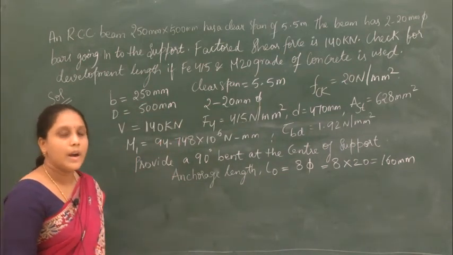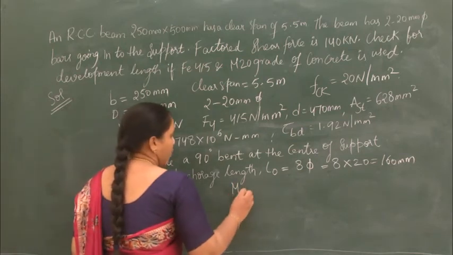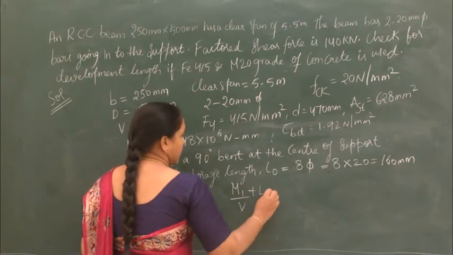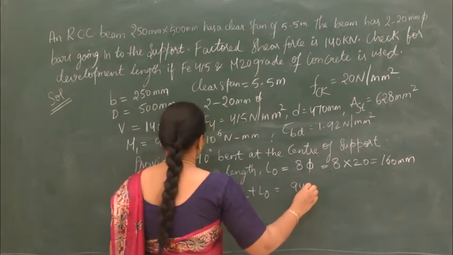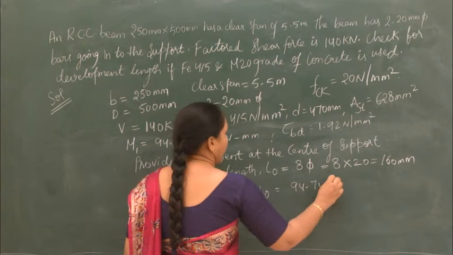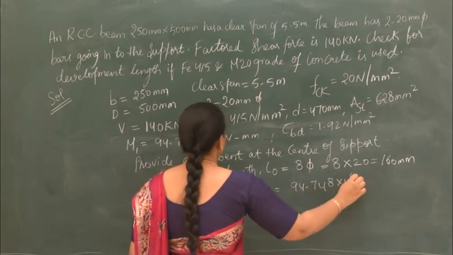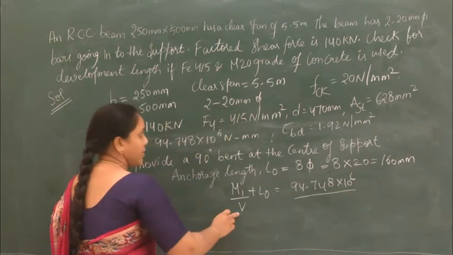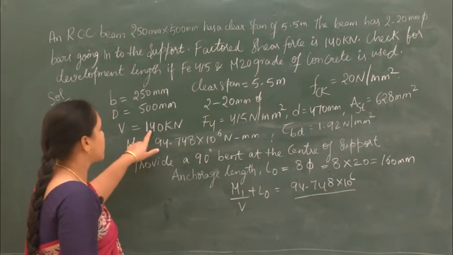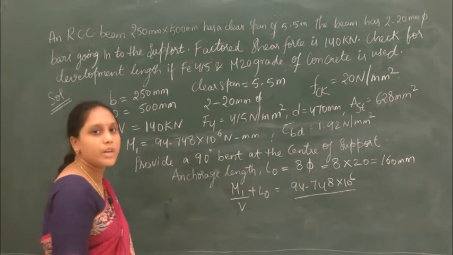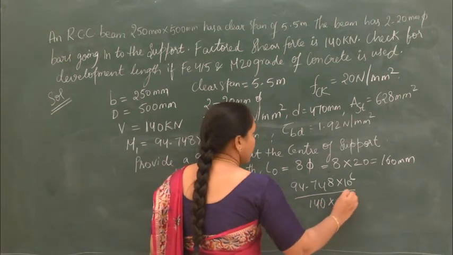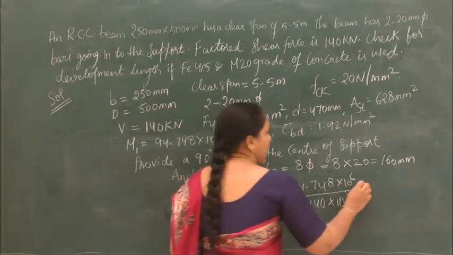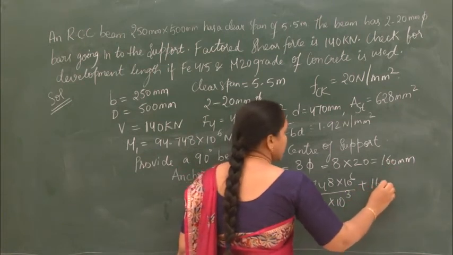Now find out M1 by V plus L0. M1 is already known, it is 94.748 into 10 to the power of 6, divided by V. V is nothing but the shear force, which is 140 kilonewtons. I am converting it into newtons, which will be 140 into 10 cube, plus L0, which we have got as 160 mm.